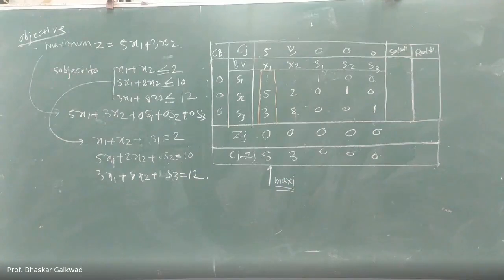Now, next we have to find the row. How to find out the row? In order to find the row, we have to find the minimum ratio, and here we have to use the solution column.